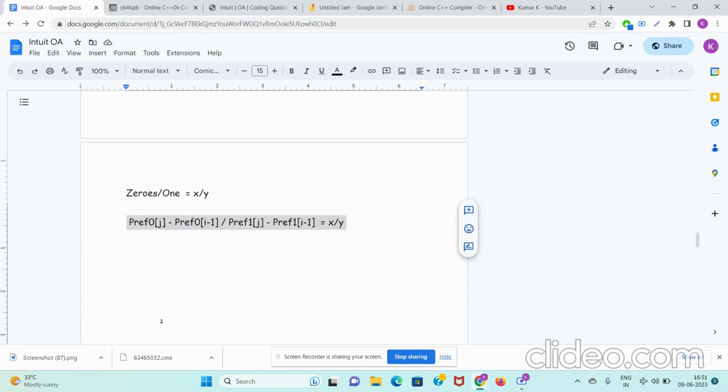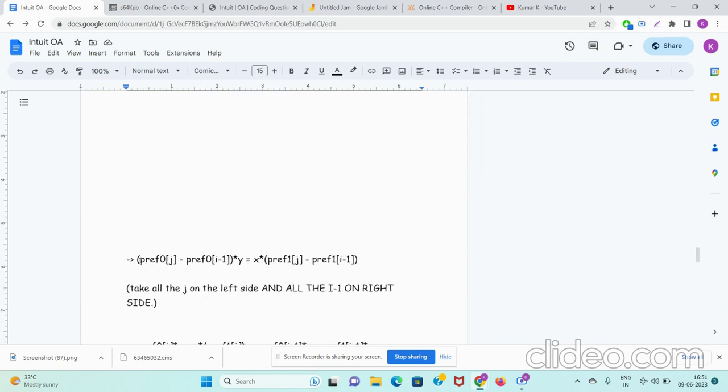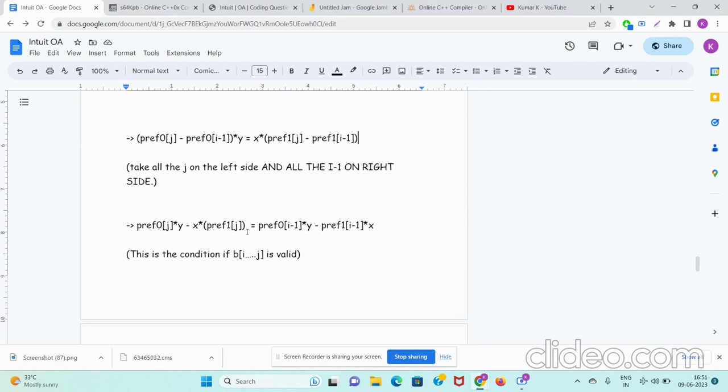Let's rearrange the equation. We will get (pref 0 j minus pref 0 I minus 1) into y equal to x into (pref 1 j minus pref 1 I minus 1). Rearranging further, pref 0 j into y minus x into pref 1 j is equal to pref 0 I minus 1 into y minus pref 1 I minus 1 into x.